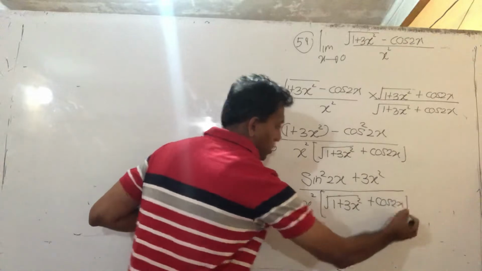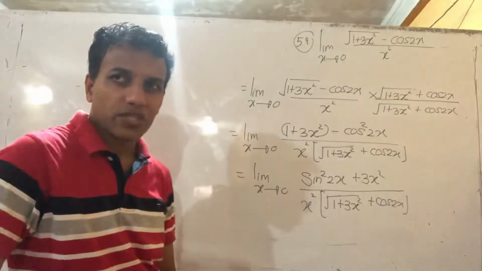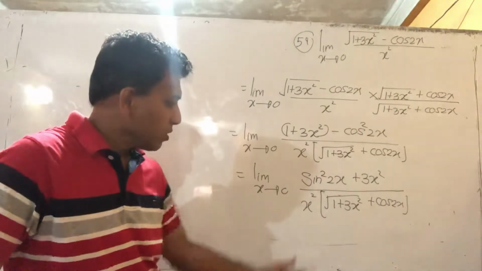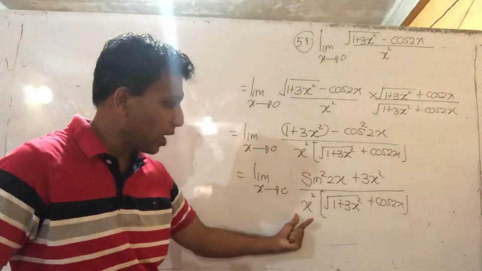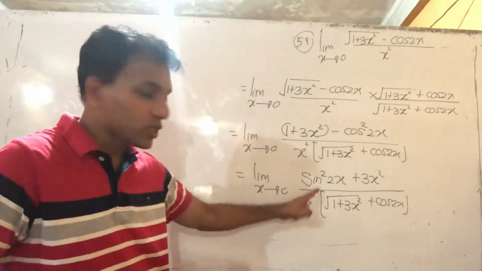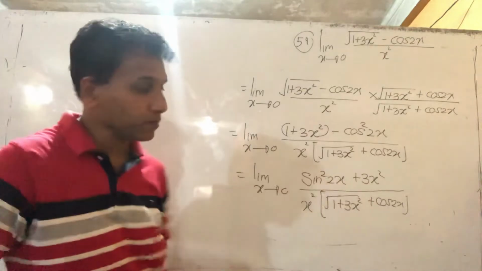Okay, what happened after? Now we simplify using the special theory in trigonometry, the sine theta over theta pattern. Sine square 2x is below x square, and 3x square is below x square. Now we write this x square separately for the sine and the 3x square.